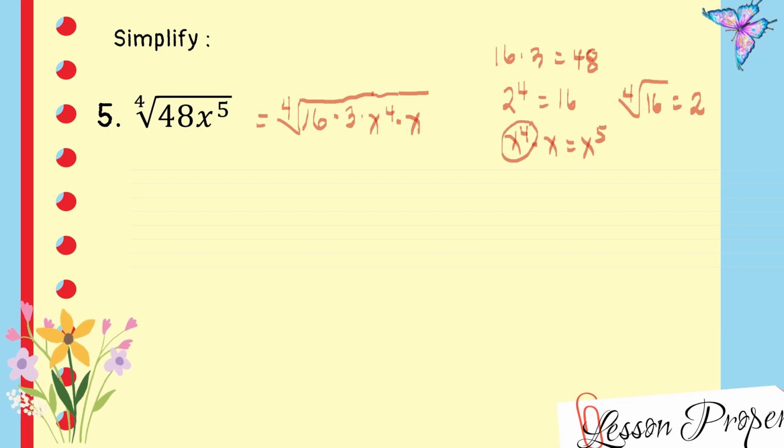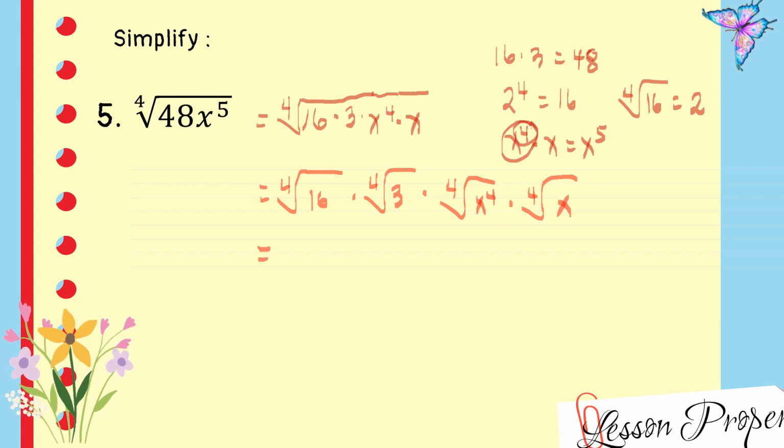Because 4 is the highest exponent divisible by the index 4. So we have to simplify now this. Fourth root of 16 times fourth root of 3 times fourth root of x raised to 4 times fourth root of x. So fourth root of 16 is 2.